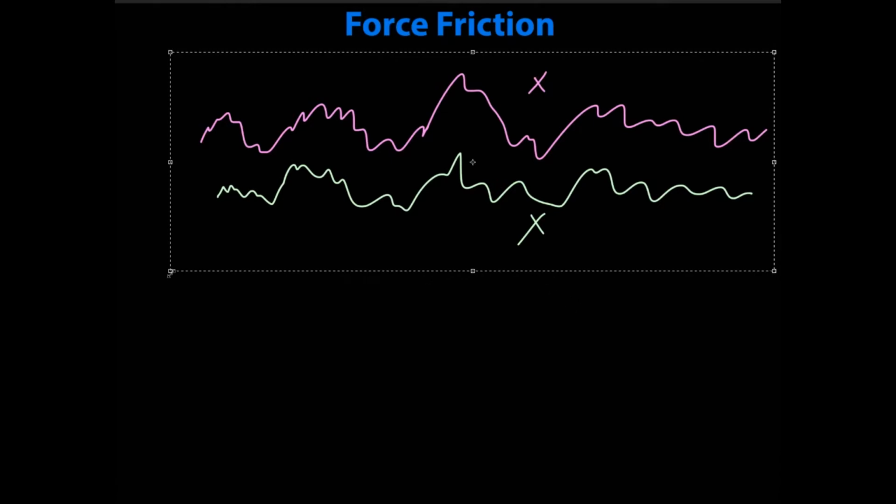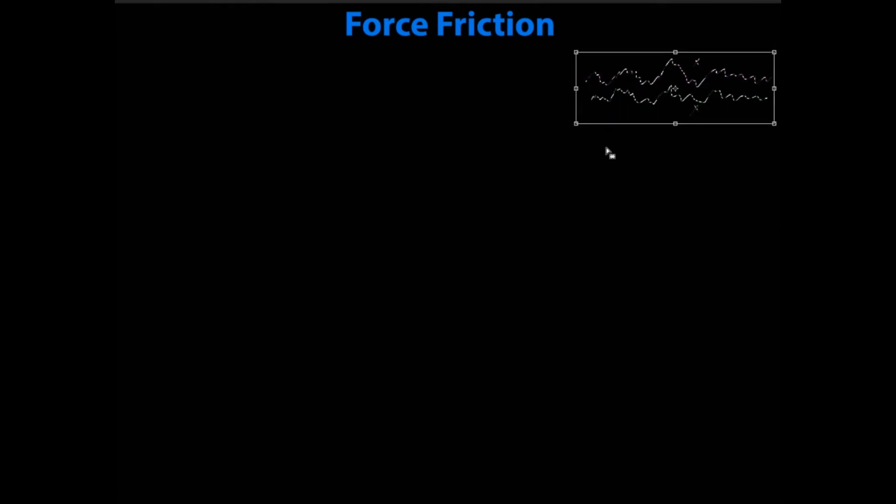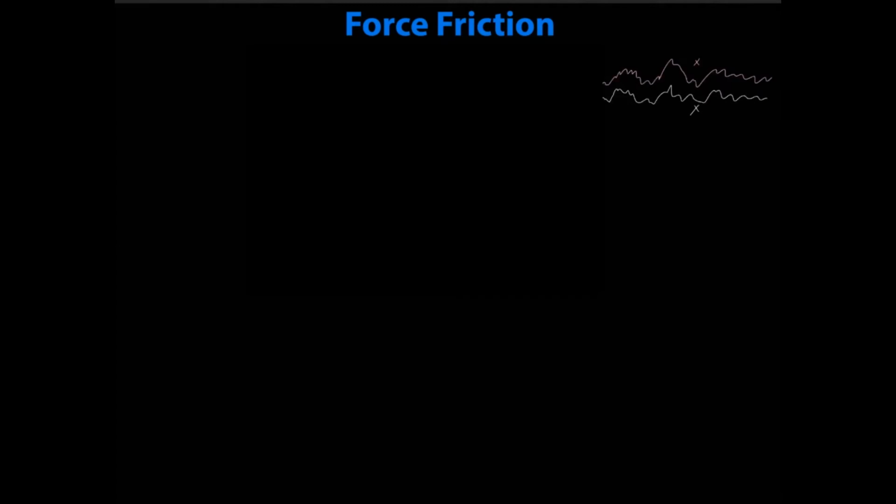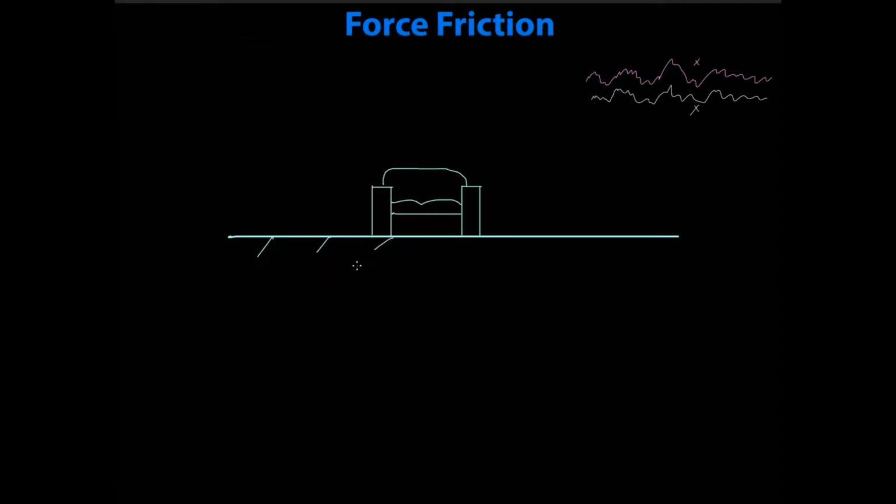So let's expand this idea. And while we do that, I'm going to take this and move this picture up into the corner because I'm going to want you to keep this picture in mind. Let's say you have a couch. Here's your couch on a flat level floor. Now your couch is going to have mass, which means let's start a force diagram here. And of course, you're going to have force, earth on couch.